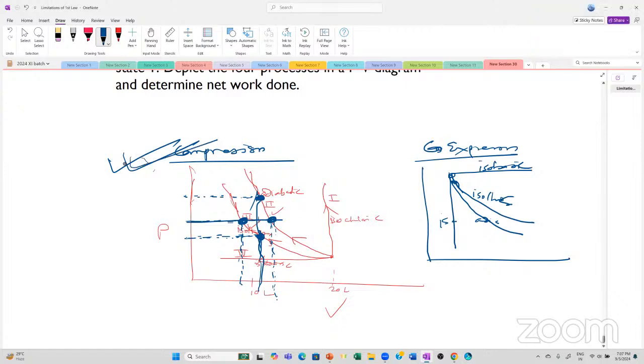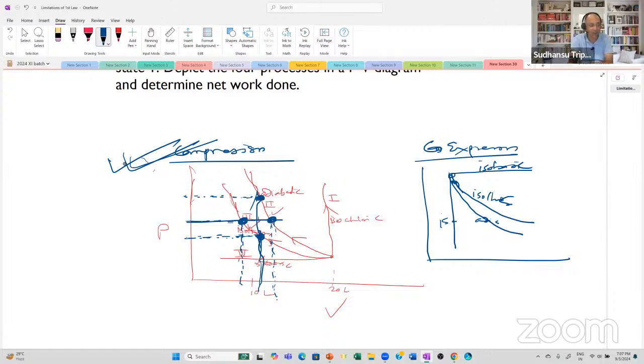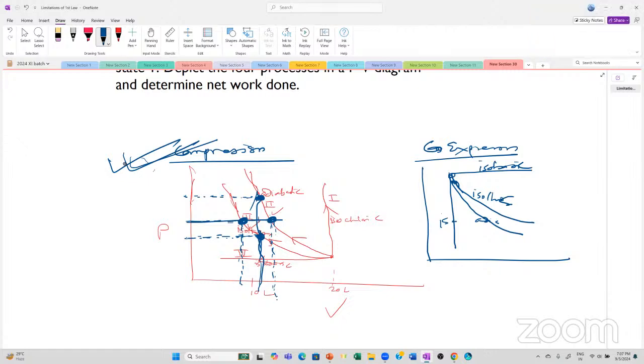Sir, in compression, isochoric is zero. Tell me in the decreasing order. Sir, in decreasing order, it is adiabatic is highest, then isothermal, then isobaric, then isochoric. Yes.